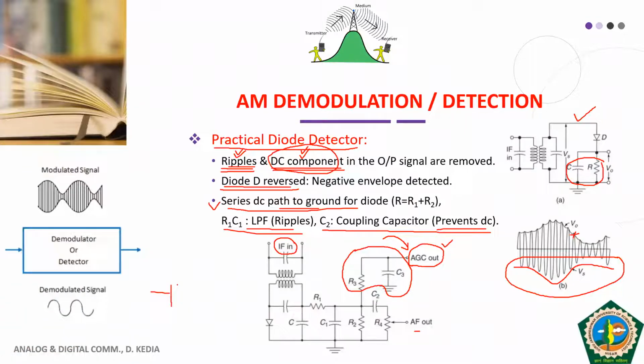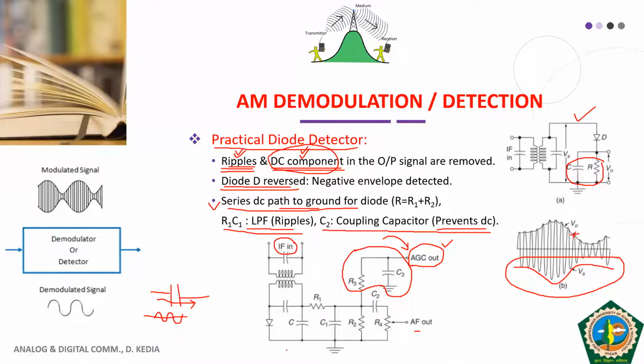What does a capacitor do? Whenever a sinusoidal, or you can say high frequency, signal comes at the input of the capacitor, it is passed. And if some DC signal comes, it is blocked. So it blocks DC and it passes AC signal.